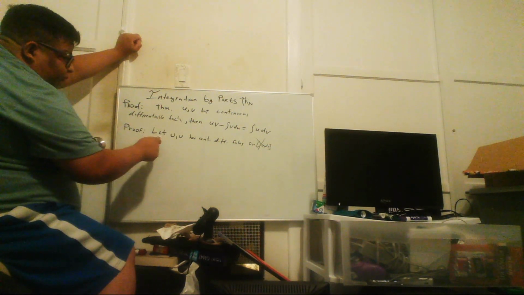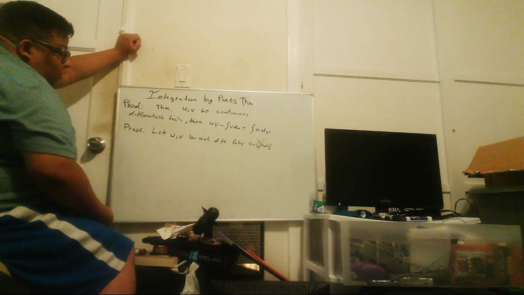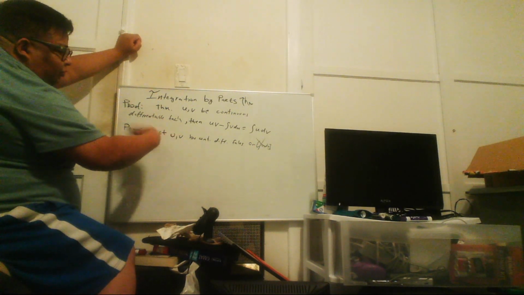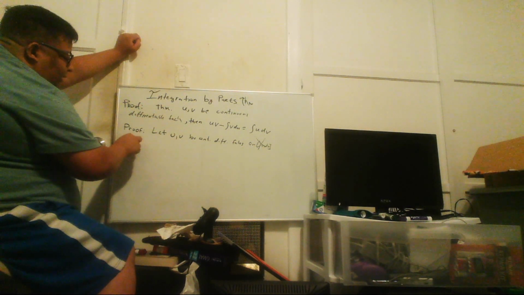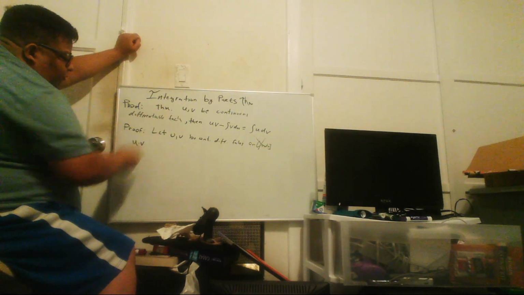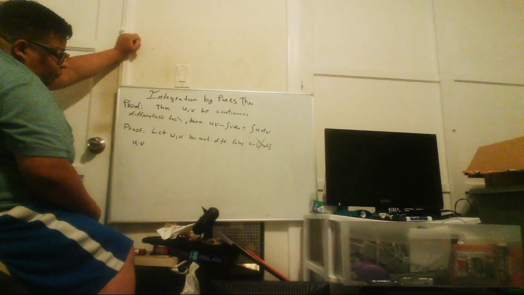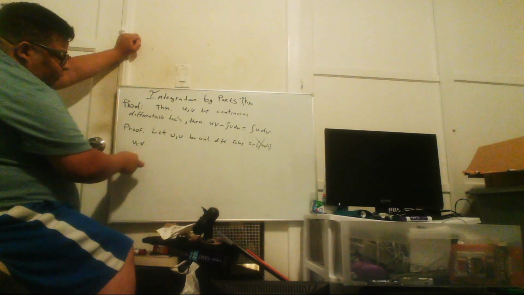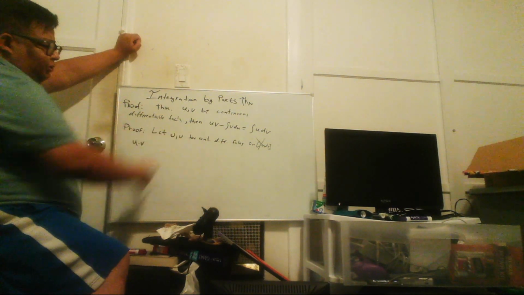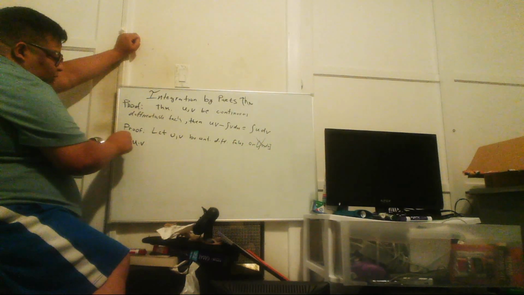Okay, so now if you remember the product rule, if the function is differentiable, that means that I can take the product of the two functions and take its derivative, since the functions are differentiable.